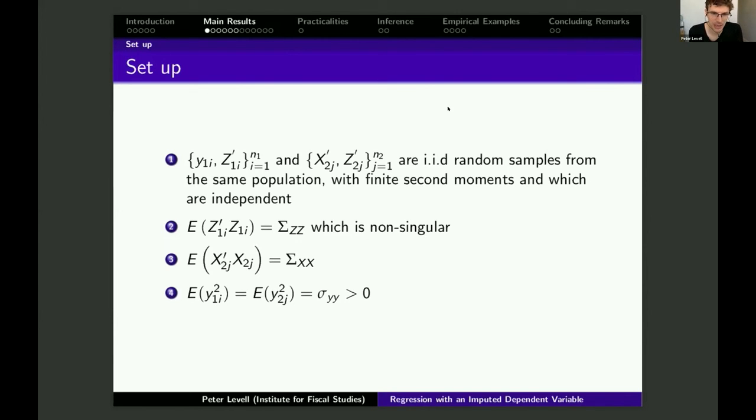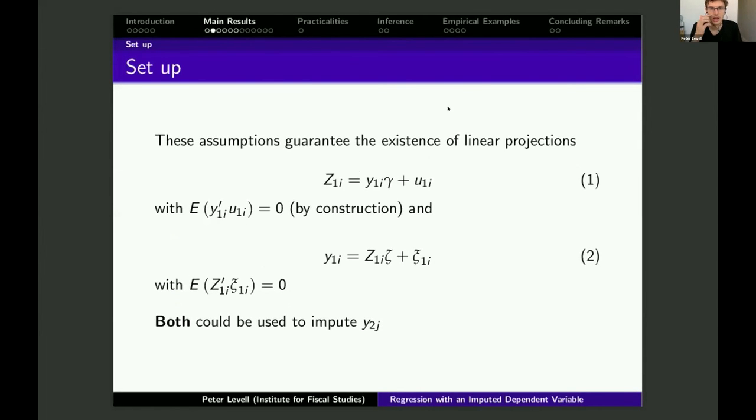Then we have some fairly standard conditions on Z and X to ensure that you can take the inverse of those variables, and in both samples they converge to the same population value, with a similar condition for Y. These assumptions are sufficient to guarantee the existence of linear projections.